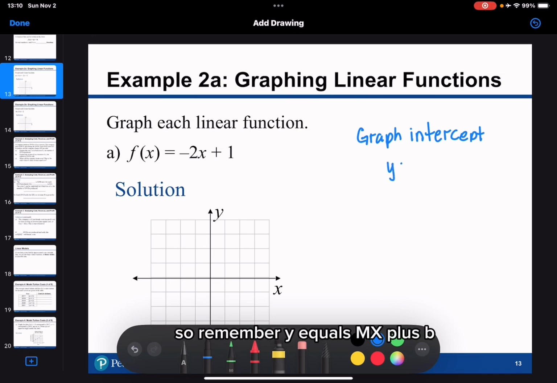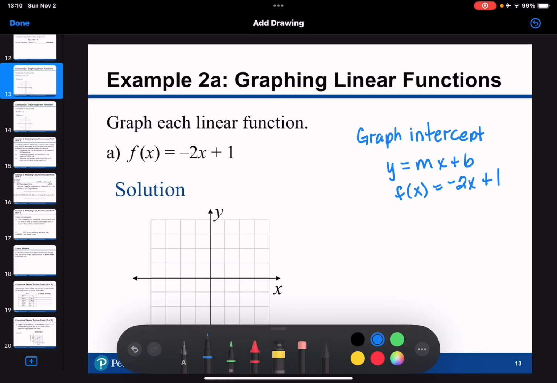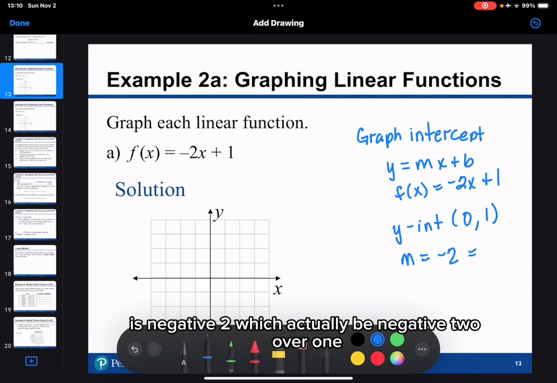So remember, y equals mx plus b. B is our y-intercept, so we have f of x equals negative 2x plus 1. So my y-intercept is 0, 1. And my slope, which is m, is negative 2, which would be negative 2 over 1.